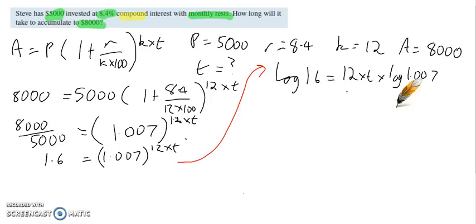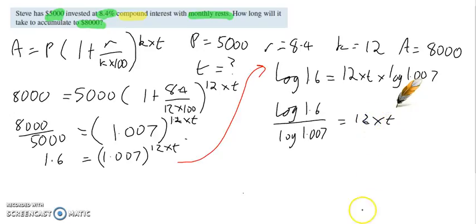So when we look at this, we end up with the log of 1.6 over the log of 1.007 equals 12 times t. And we type this in our calculator. So there's a log button in your calculator you can use.